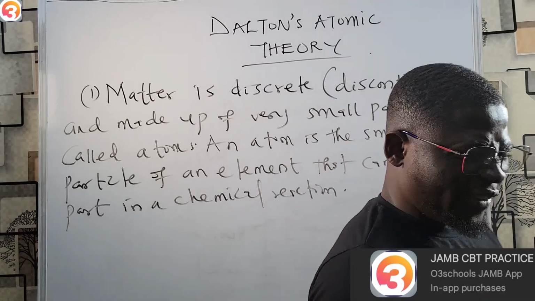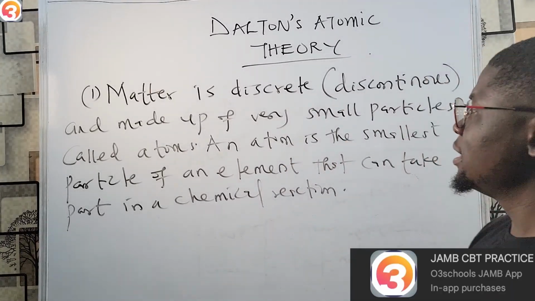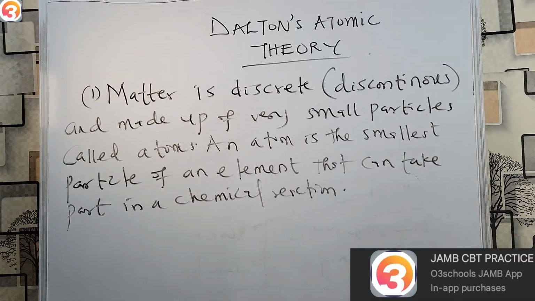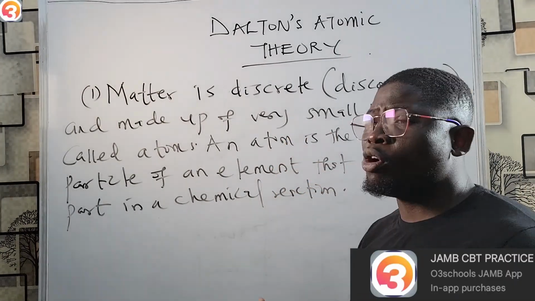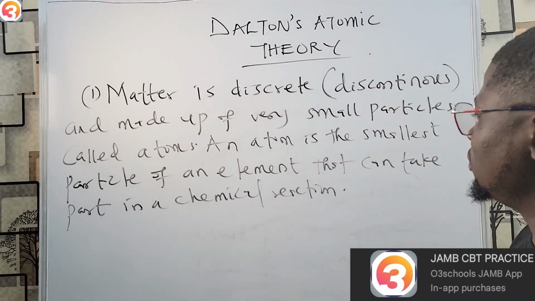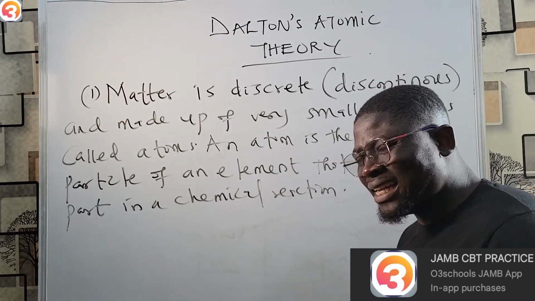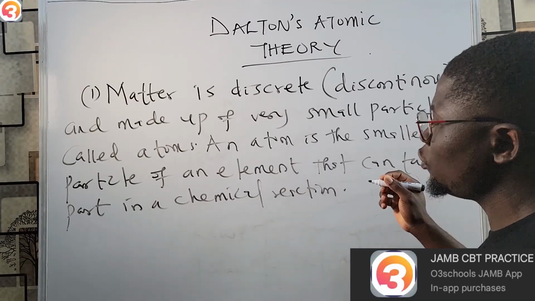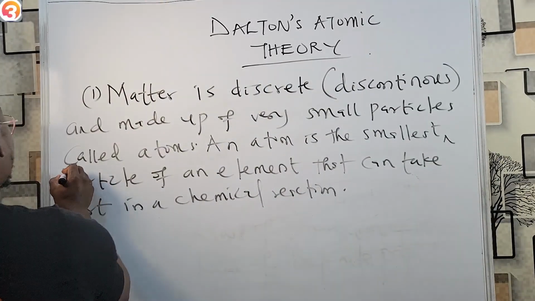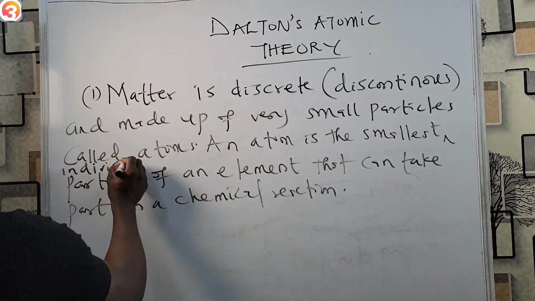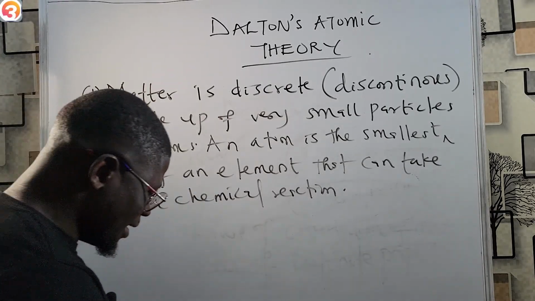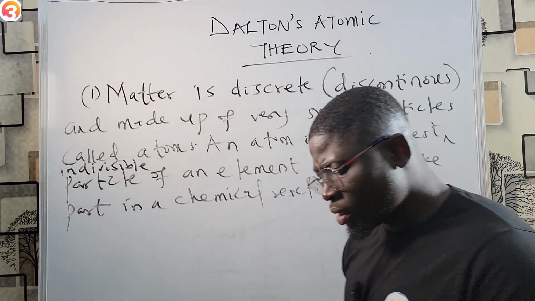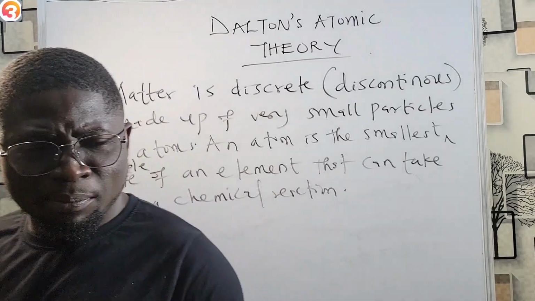All right, so this was the first postulate of John Dalton. He said matter is discrete, that is, it is discontinuous and made up of very small particles called atoms. And he went further to say an atom is the smallest indivisible particle of an element that can take part in a chemical reaction. All right, so this was the first postulate he made.